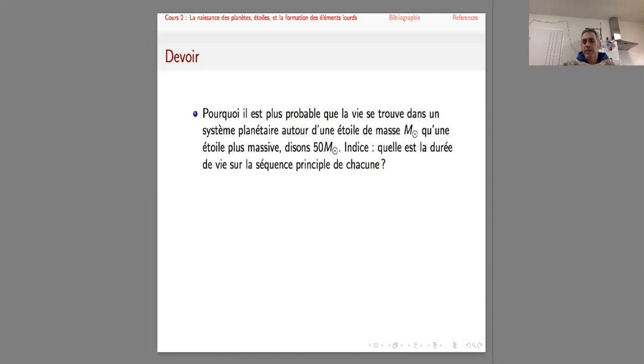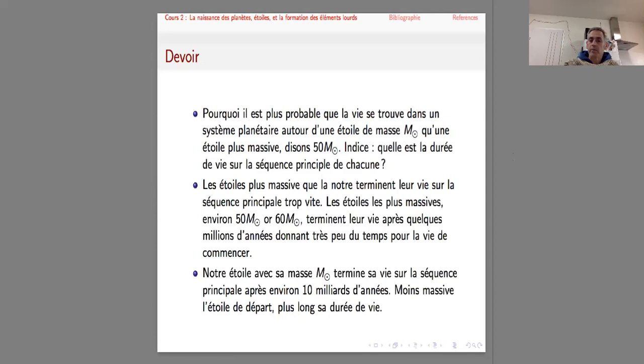It's not obvious unless you think of the life expectancy, or the time period the star is going to spend on the main sequence. Remember, it's much shorter for these more massive stars. They only spend a few tens of millions of years on the main sequence before they end their life.